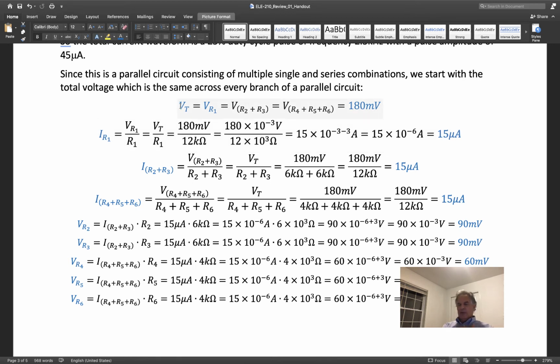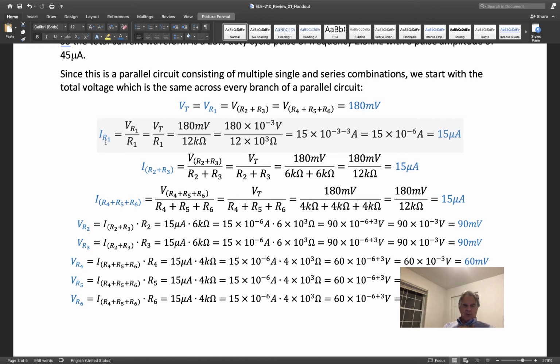This is the parallel equivalent to what we set up above when we said the total current was the same as the current in the individual branches. Well, here the total voltage is the same as the voltage across the individual branches. So, in parallel circuits, there's only one voltage. And in series circuits, there's only one current.